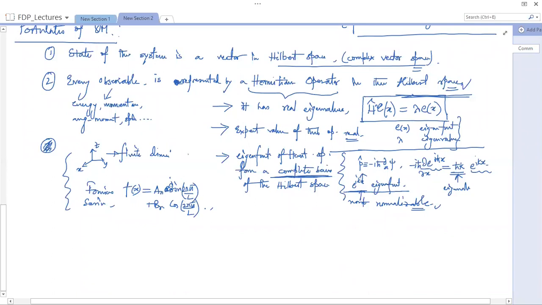Whether these are the same kind of basis or not, because this is countable, you can count n equal to 0, plus or minus 1, 2, 3, but an infinite number.